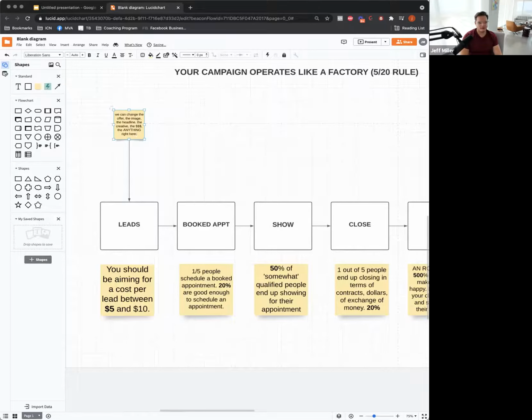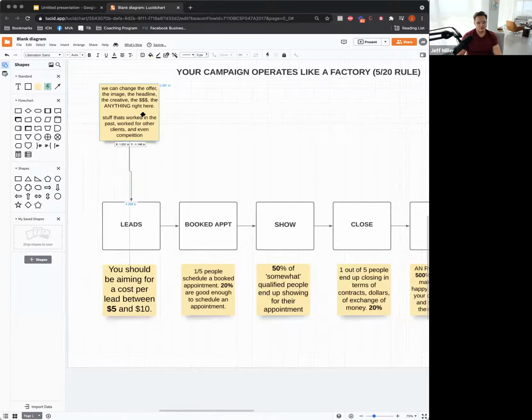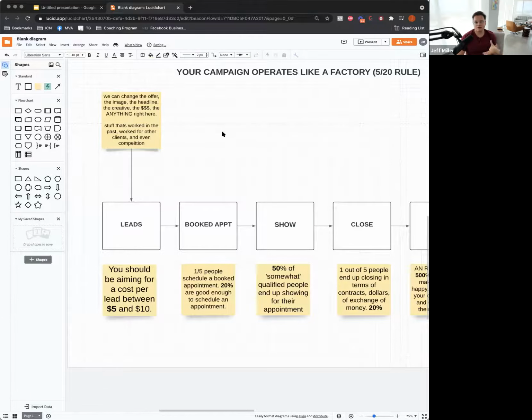We can look at stuff that's worked in the past, worked for other clients, and even competition. We can do all that fun stuff. And ultimately, the goal here is to lower the cost per lead. You'll notice earlier I mentioned, hey, sometimes a lower cost per lead is not better. You're right. You're going to have to do some testing and figure it out.